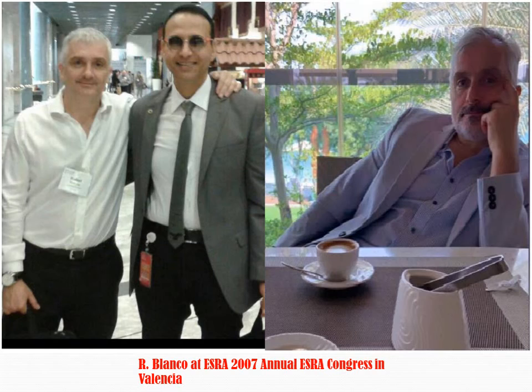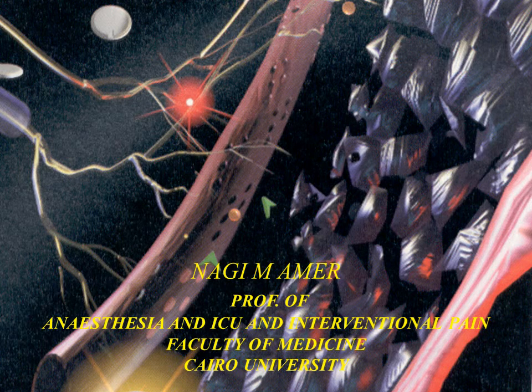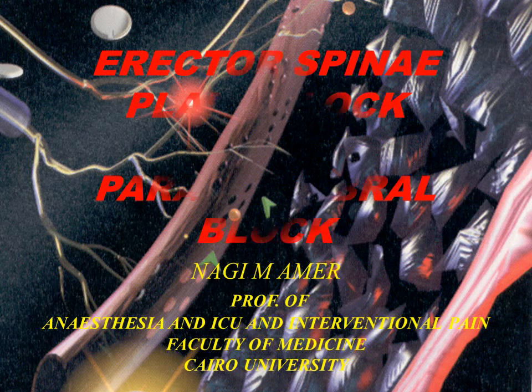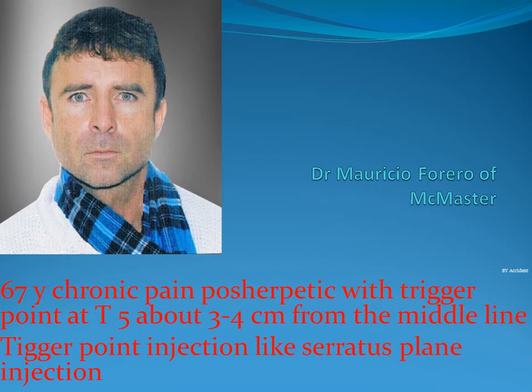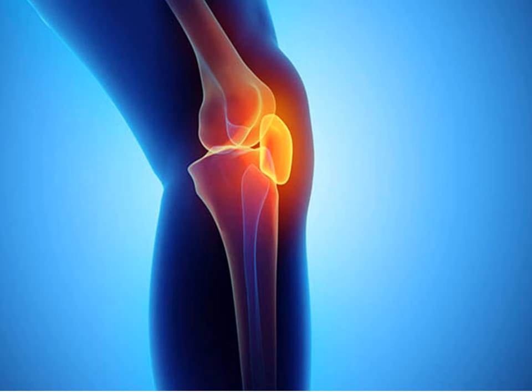He was the one who introduced quadratus lumborum. The other lecture is erector spinae block versus paravertebral block. This erector spinae block was introduced by Mauricio Forero from Canada. I met him in 2015. He was one of the instructors of the training group in Toronto.